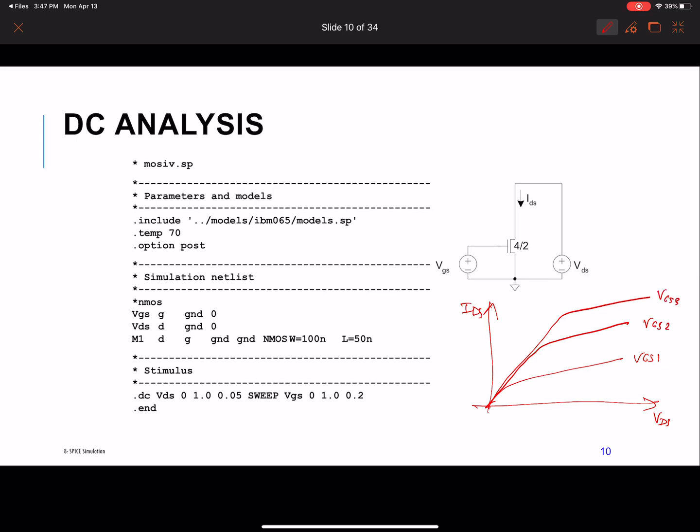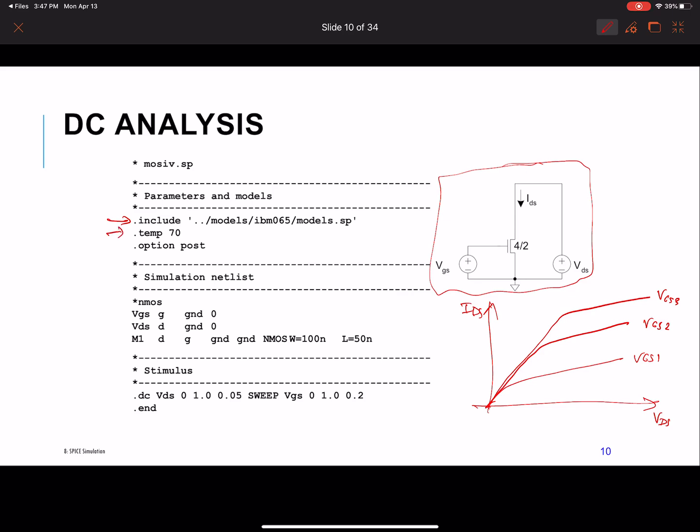Okay, so this is the circuit. It's basically put a voltage source on the drain-source of the NMOS and a voltage on the gate-source. And it's calling this model file. So this is the model file for this transistor that's provided from the foundry.